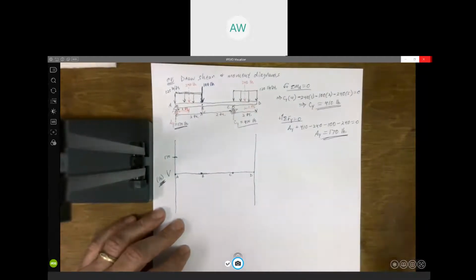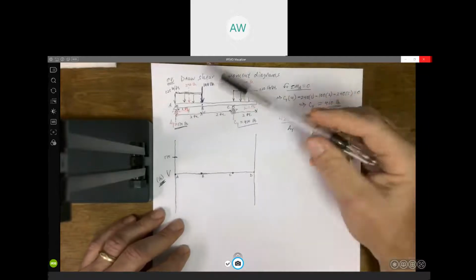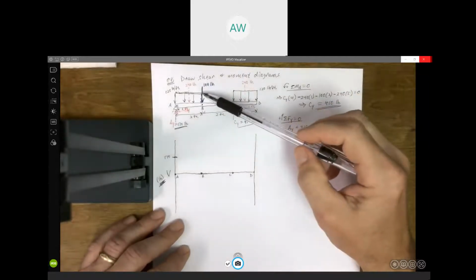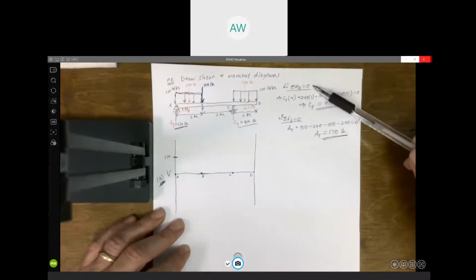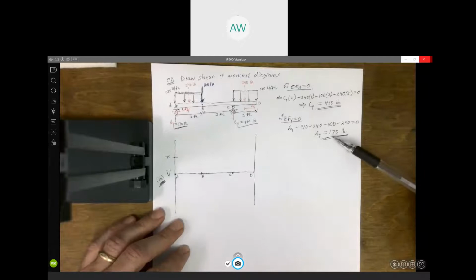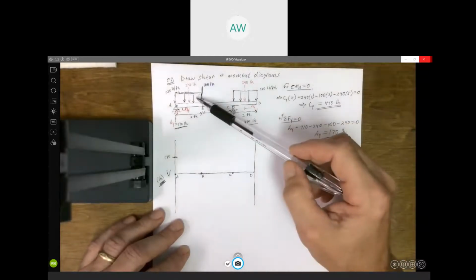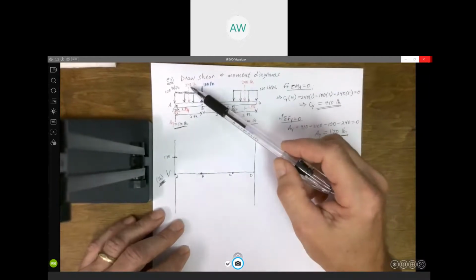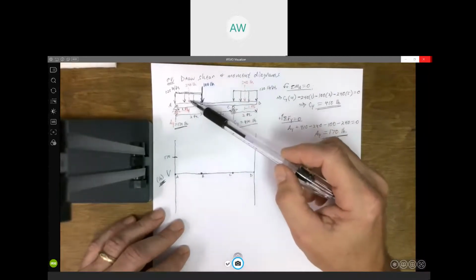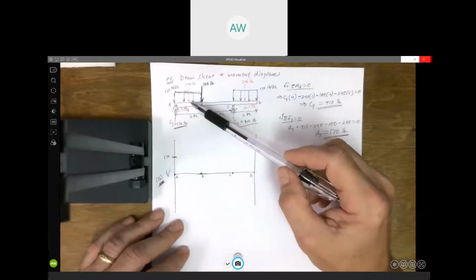Now, here's an important thing, because I see students do this quite frequently. We replace this distributed load with that equivalent force when we apply these equilibrium equations to calculate those support reactions. But that distributed load is not the same as a 240-pound force concentrated at that one point.